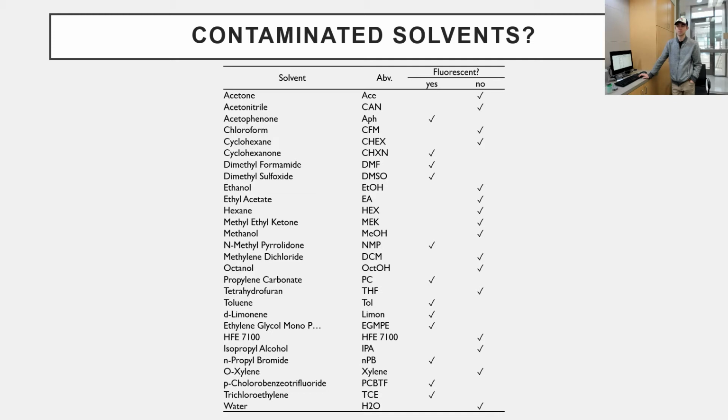Para to the methyl group is an OH, and ortho to that OH on either side are t-butyl groups. So BHT is an antioxidant and likely to be fluorescent. It'll show up in the solvents as fluorescence, which, if it's in there as a stabilizer, is not contamination per se.